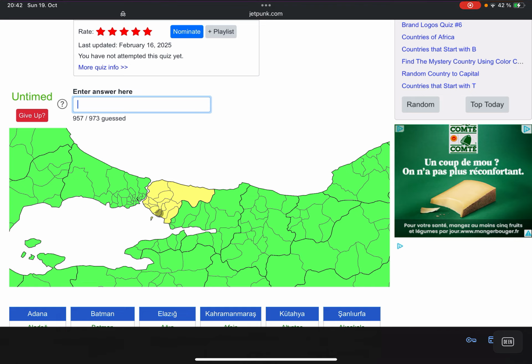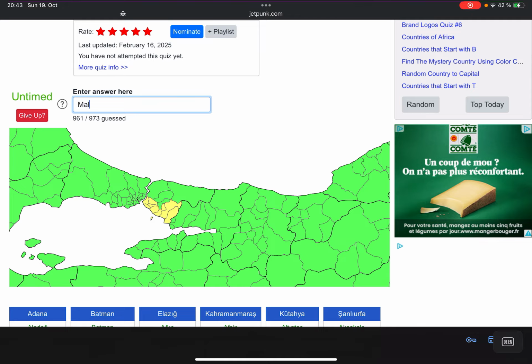And then on the Asian side, we have Beykoz, Şile, Sancaktepe, Çerkezköy, it's not Çerkezköy, it's Çekmeköy. Çerkezköy, of course, is over here in Tekirdağ, but sometimes I mix it up.